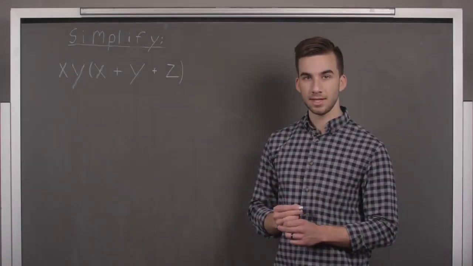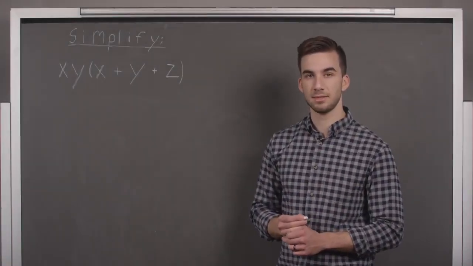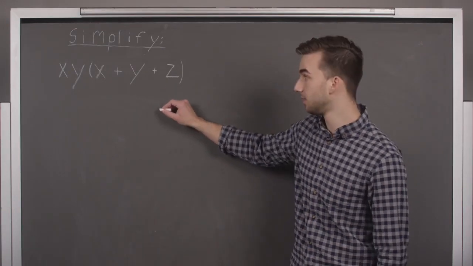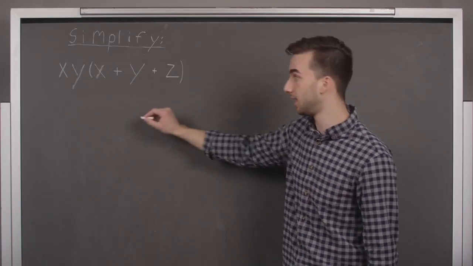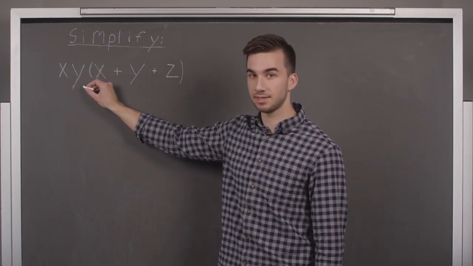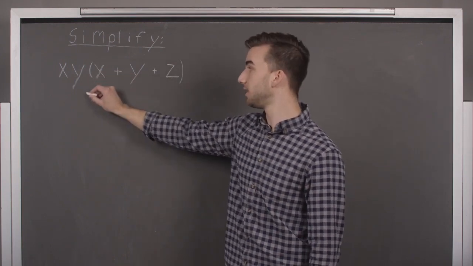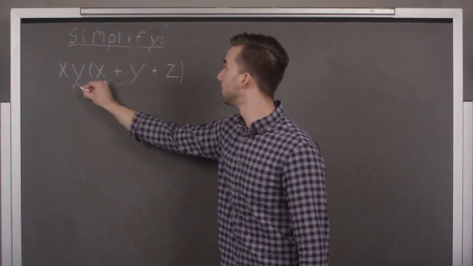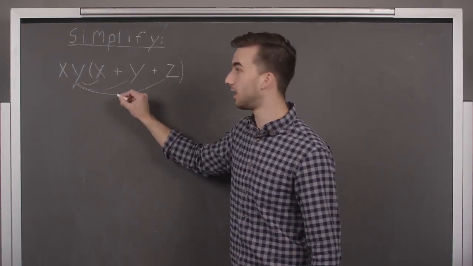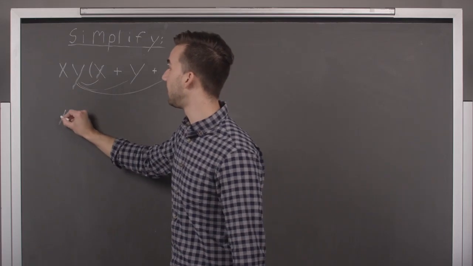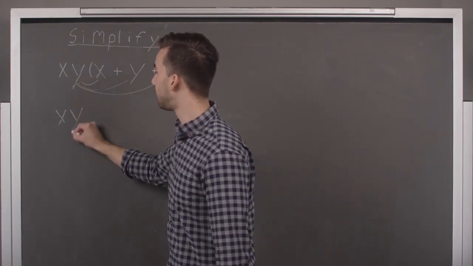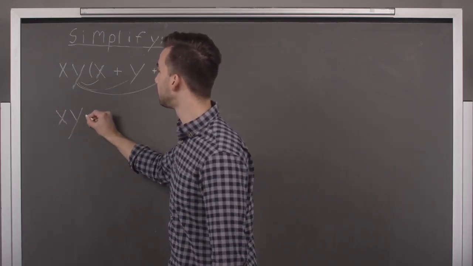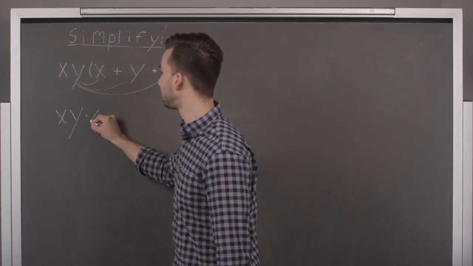So here we can use the same techniques to simplify this expression. So we just need to multiply whatever is outside the parentheses by each element inside of the parentheses. So let's start from the left. Let's go xy times x.